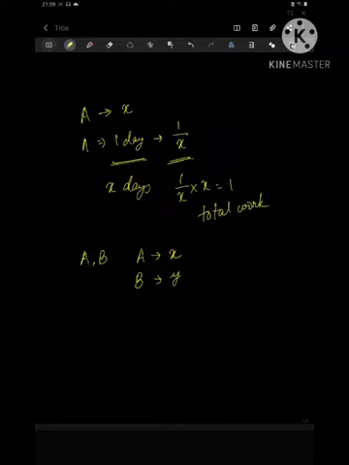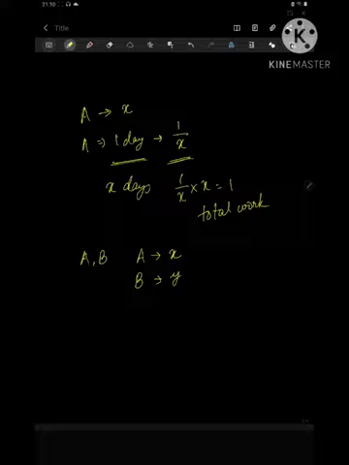If both of them together complete the work, it will obviously take fewer days. If X is less than Y, then the combined time will be even lesser. Let the combined time be T, so T will be even lesser than X because the work will be completed faster. Okay, so what will be the actual number of days?